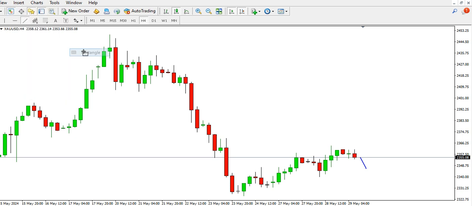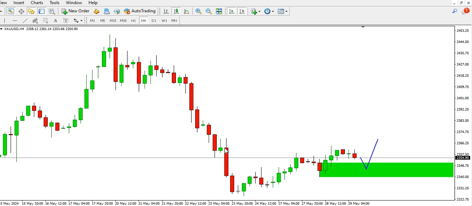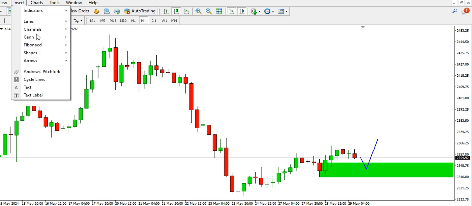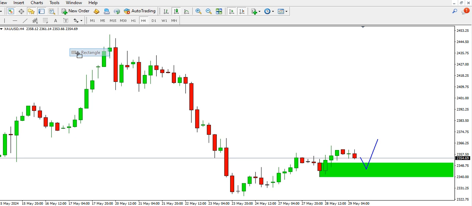Okay, and price likely breaks this particular resistance area, and this resistance area is reacting to this order block.